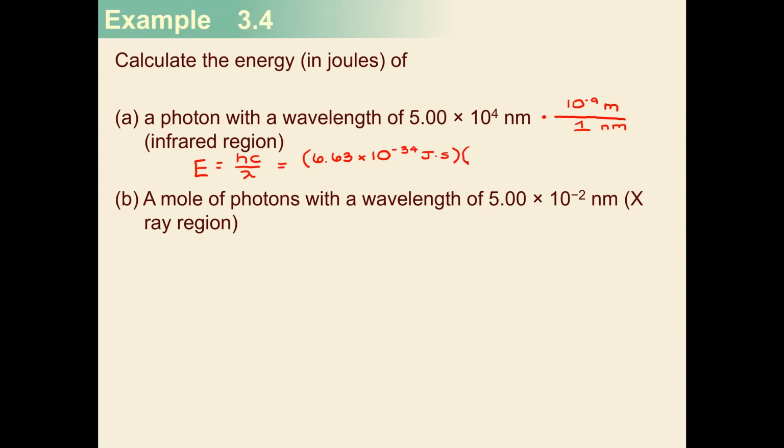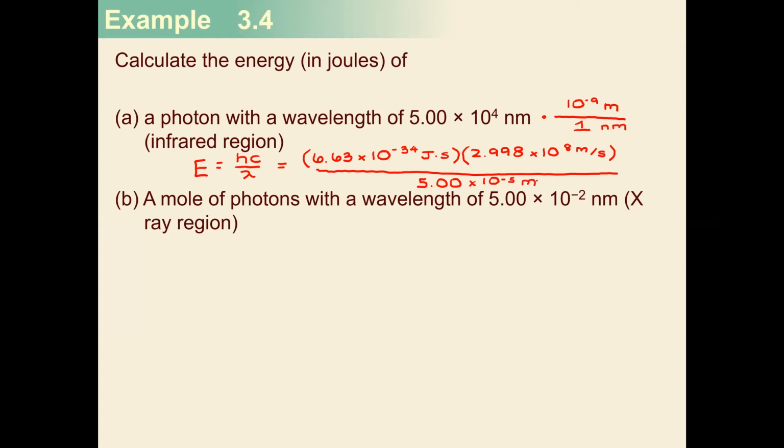We need our c constant, which we had in our last video, so that is 2.998 times 10 to the 8th meters per second. And finally, we will now go and get our wavelength, which we calculated previously as 5.00 times 10 to the minus 5th meters.